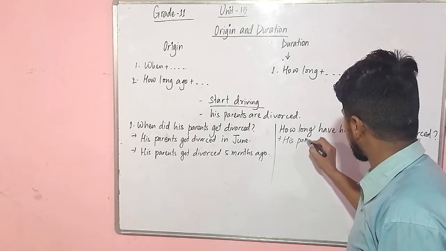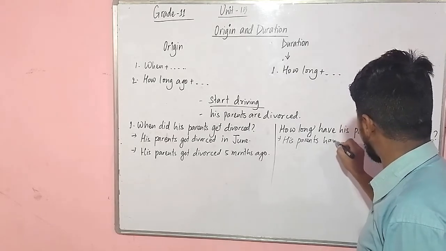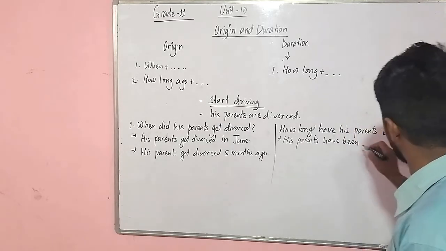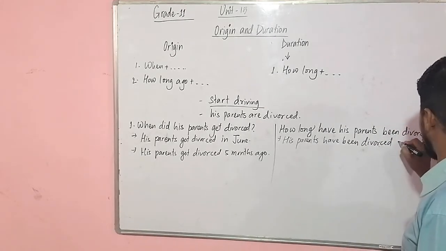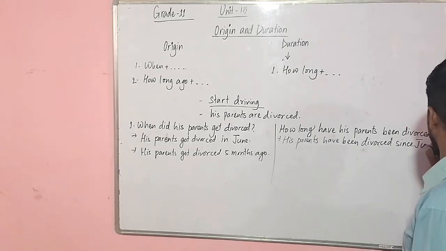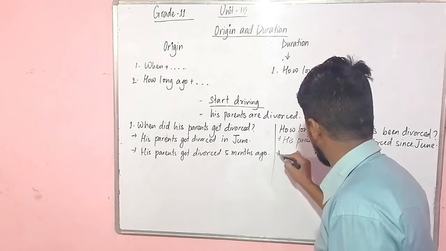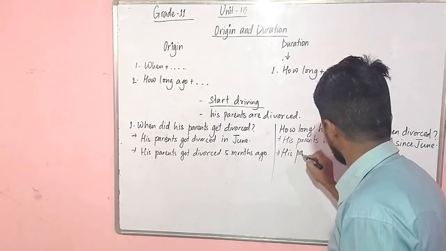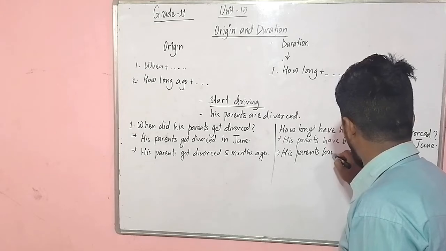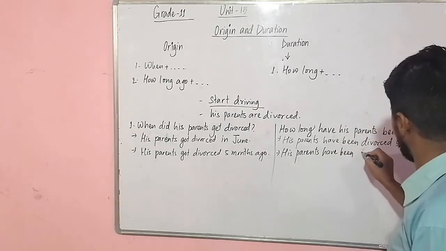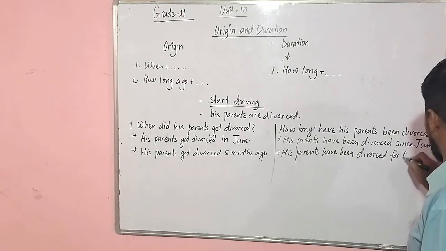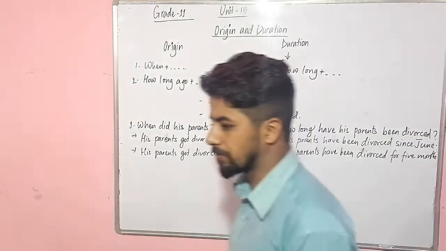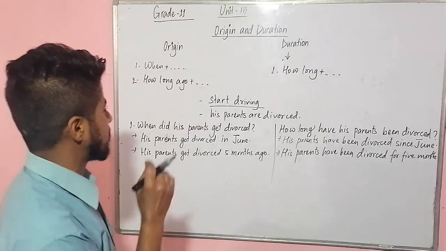His parents have been, present perfect tense, have plus V3, divorced since June, or his parents have been divorced for 5 months. In this way, you have to solve the questions of origin and duration.